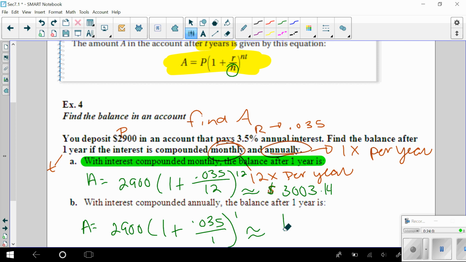So if I do it this way, I get approximately $3,001.50. So the more times per year your money is compounded, the more you're going to make. And here it's not a huge difference, less than $2, but still compounding monthly as opposed to annually gives you a higher return.